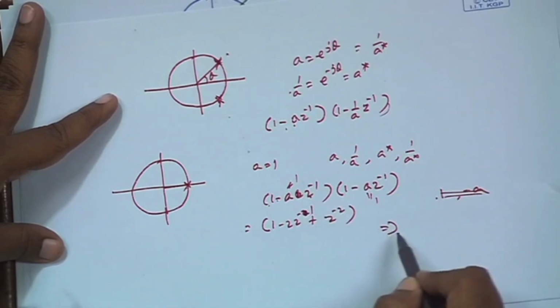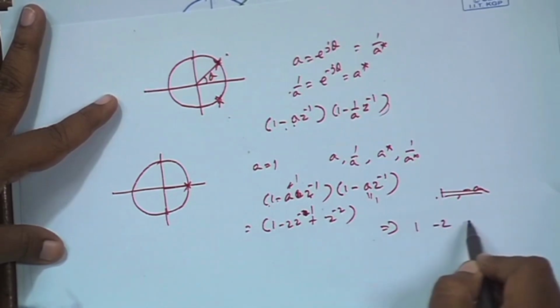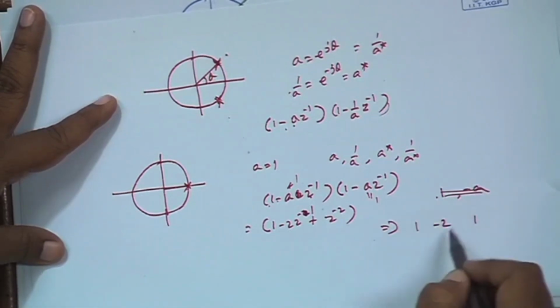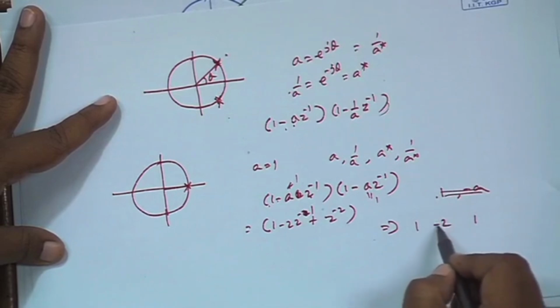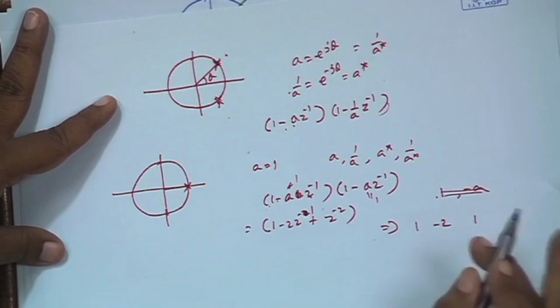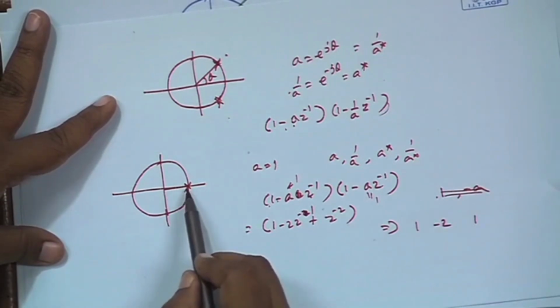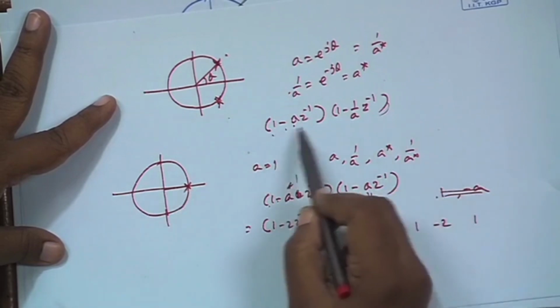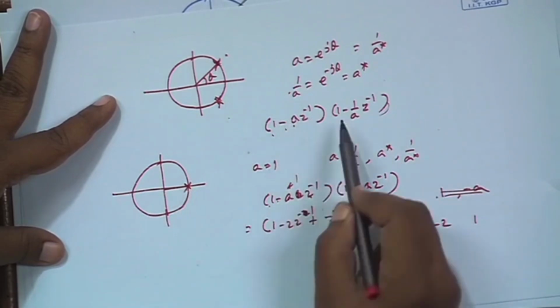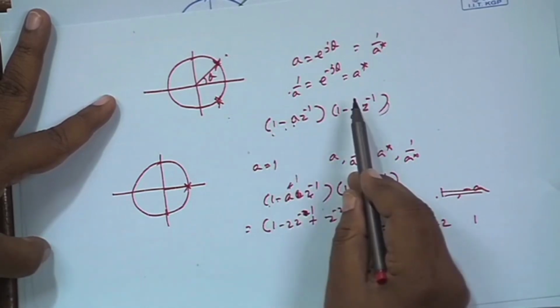So, this filter again has real coefficients and impulse response 1, minus 2, 1. So, length 3, there is a mirror here: this minus 2 is an independent element, to the left you have 1, to the right you have 1, so it is linear phase. So, if the zero is here, you cannot have just the 1 minus A z inverse term alone; there must be 1 minus 1 by A z inverse, so that the product is linear phase.